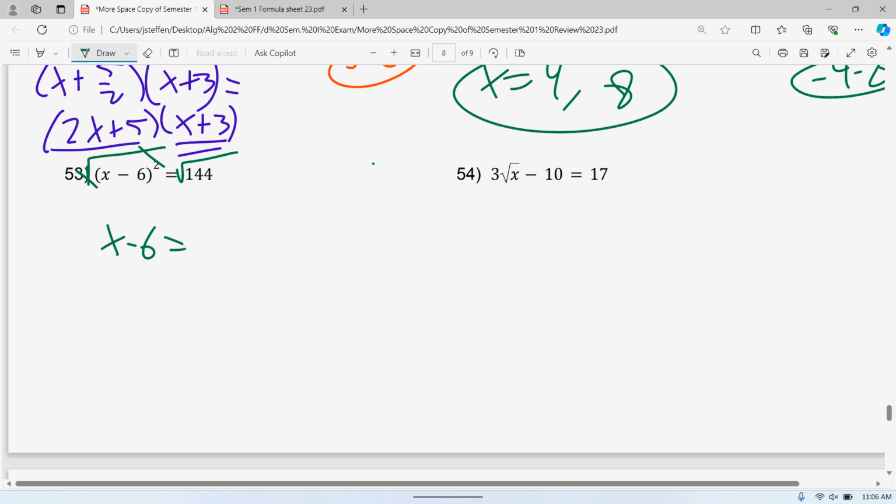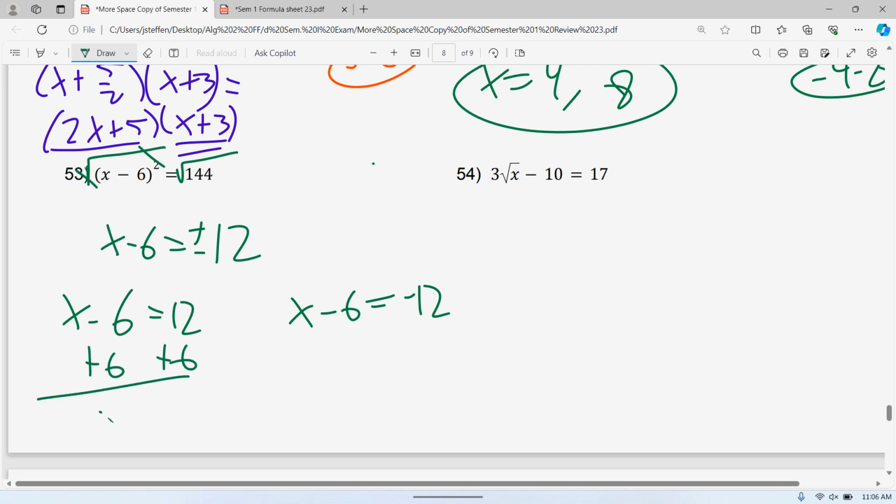A lot of people do that. I don't know if it's an accident or if they think that it's right. But don't forget, you actually need a plus or minus. That's why the question is tricky, but a lot of people miss it. So x minus 6 is positive 12, or x minus 6 is negative 12. Add 6 to both of these. x is equal to 18 or -6.